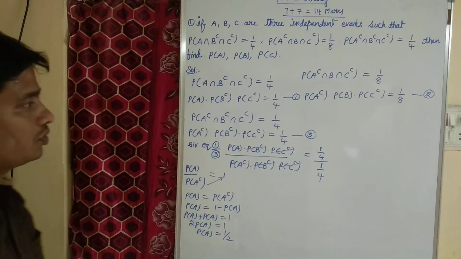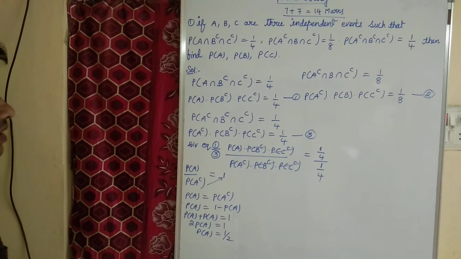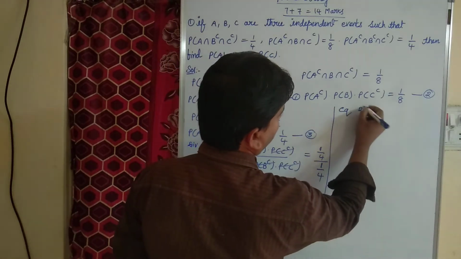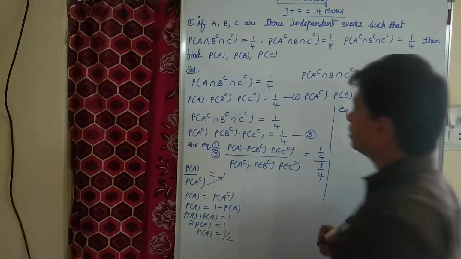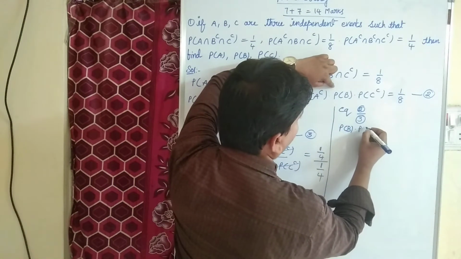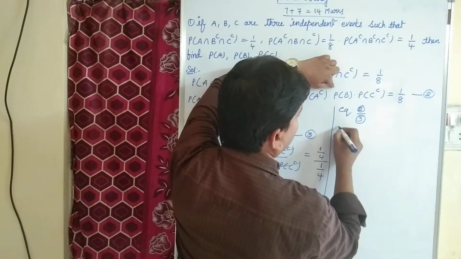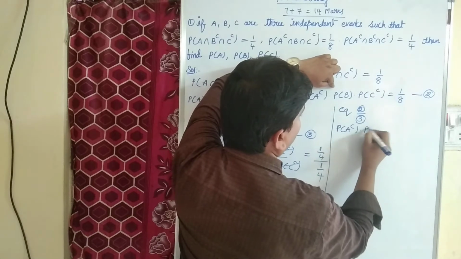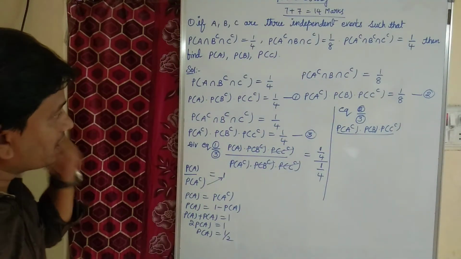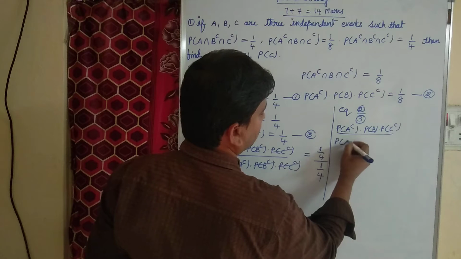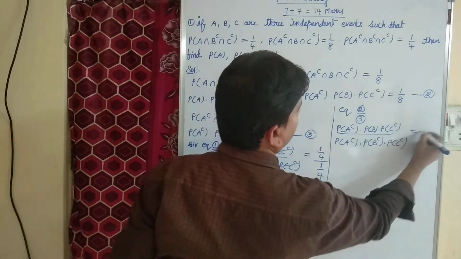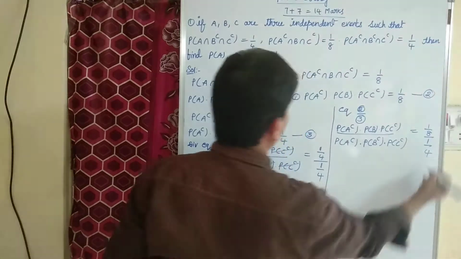Right? Now let us divide equation number 2 by equation number 3, so that I will get P of B. Equation number 2 is P of A cap into P of B into P of C cap, divided by equation number 3, which is P of A cap into P of B cap into P of C cap, equal to 1 by 8 divided by 1 by 4.